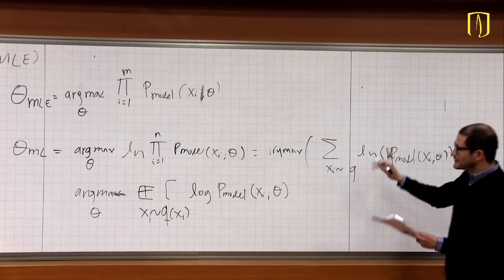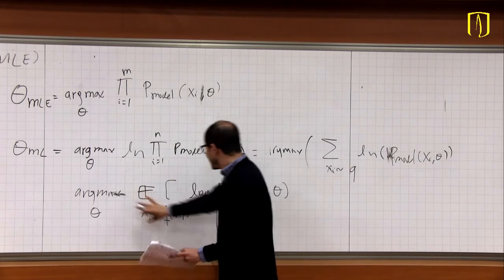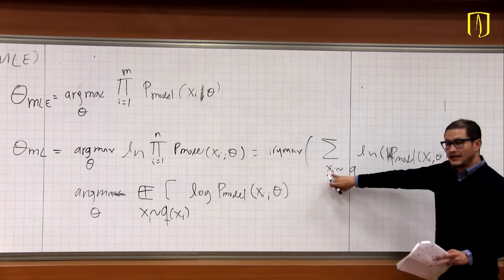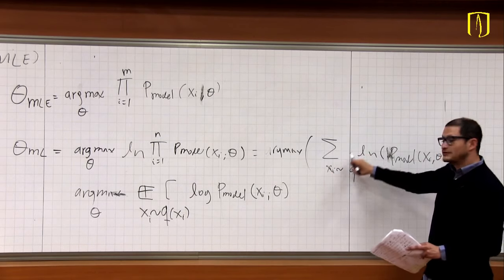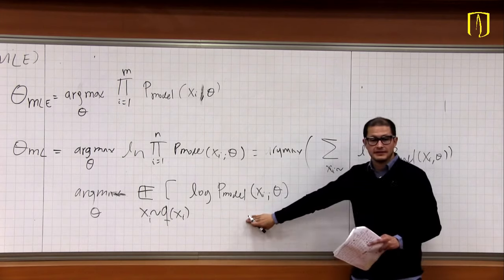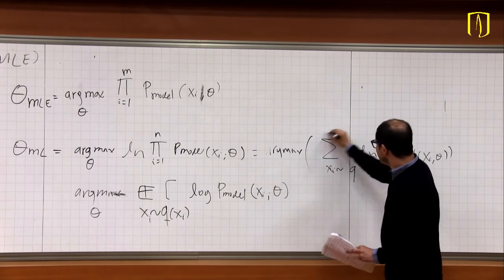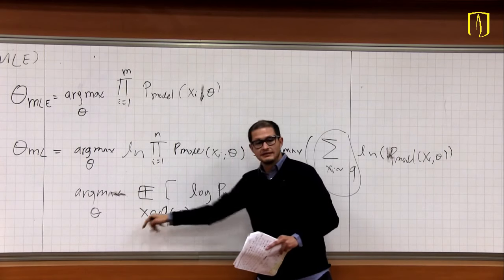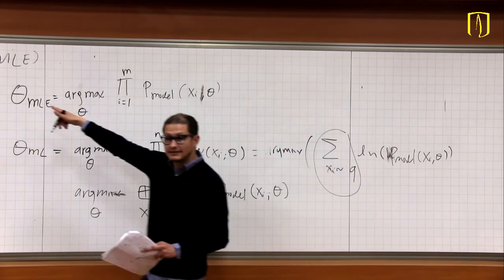This is approximately equal to the expectation value, because this averages over x distributed according to q of the log of the model. So I write this sum as an expectation value over x distributed according to your data.